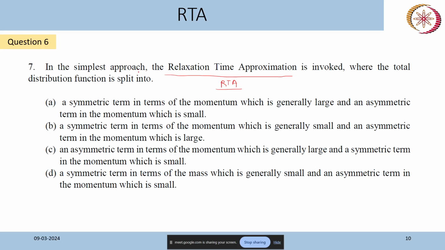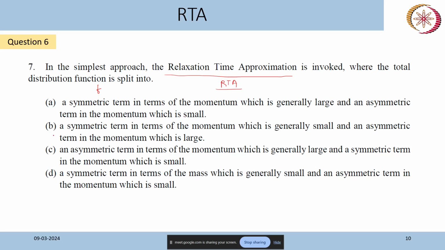In the simplest approach, the relaxation time approximation is invoked. We use this approximation to solve the transport equation, where the total distribution function, the carrier distribution function f, is split into: Option A, a symmetric term in terms of momentum, which is generally large, and an asymmetric term in the momentum, which is small.